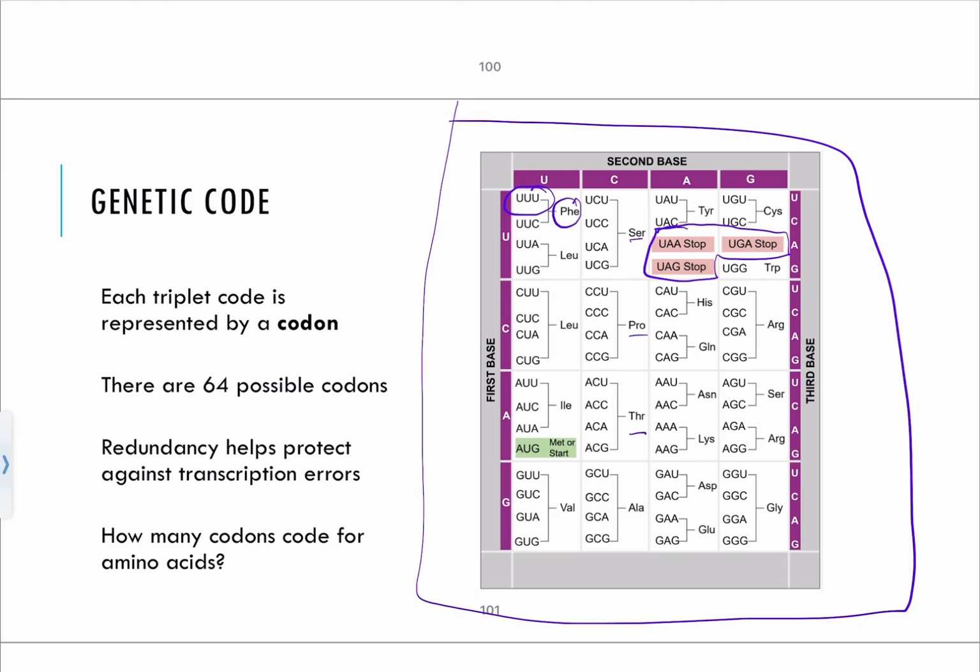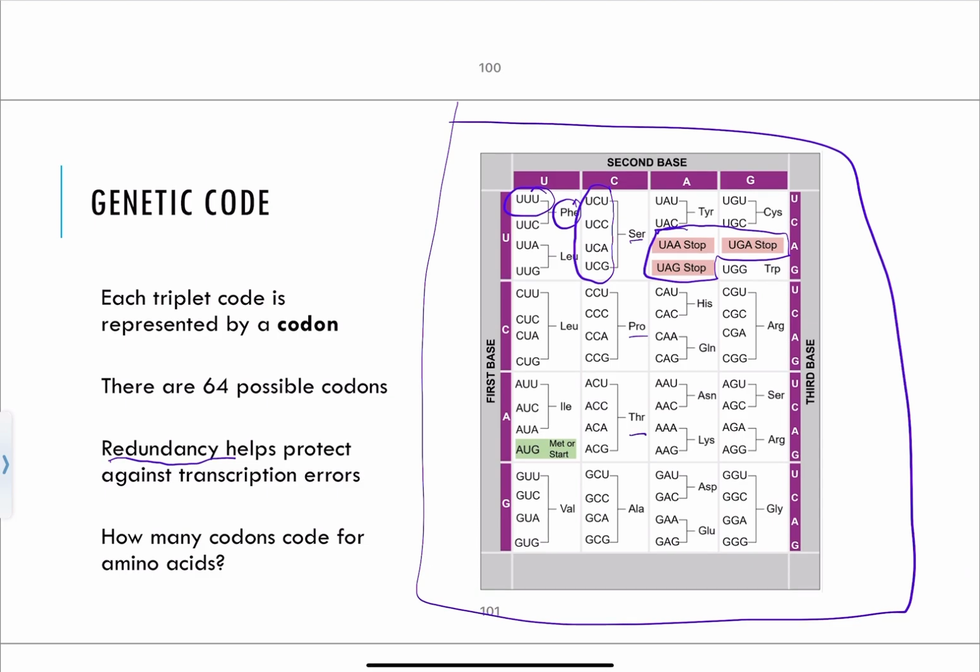Also, if you look at the genetic code, we can see just right here that 4 different codons code for the same amino acid. So we also say that the genetic code is redundant, and this is going to help protect against transcription errors. So again, when we talked about transcription, going from DNA to mRNA, we started with a promoter sequence, at which point our RNA polymerase bound.